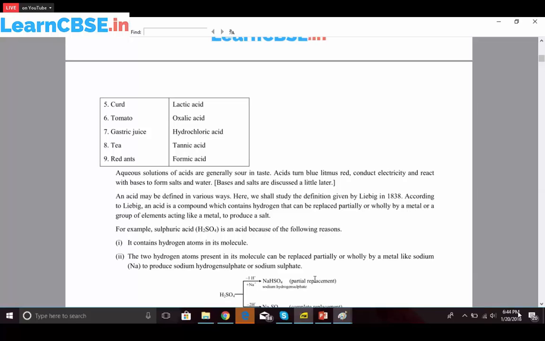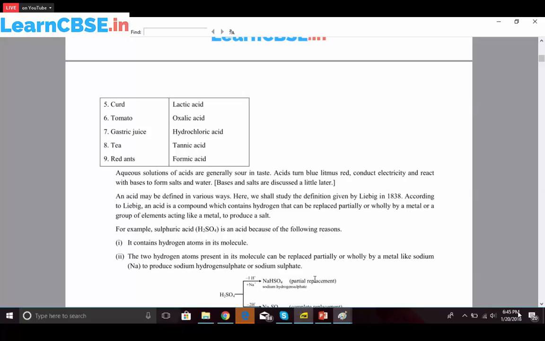Also, acids can conduct electricity because they dissociate into H plus and the other anion. And they can combine with bases and form salt and water. That is nothing but the neutralization reaction. Acids react with bases to form salt and water.